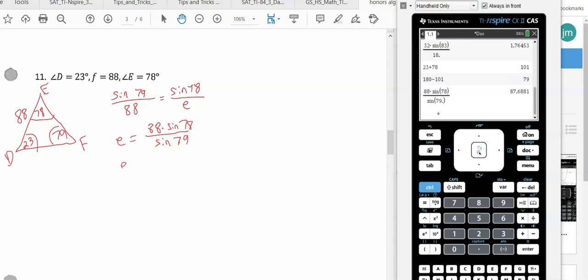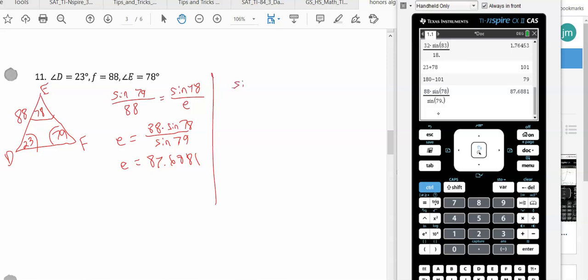So little e is 87.6881. It's okay to just label it here. You could label it up there. Either way is fine. And then we're going to set up our law of sines again.